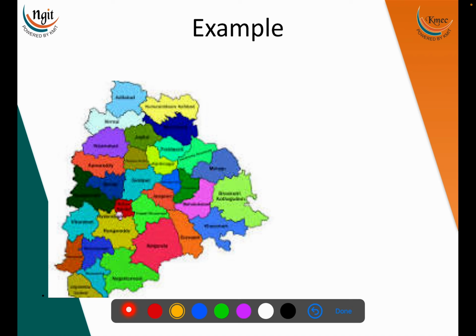If I wanted to fill different colors for each district of Telangana, I repeat my statement once again: if Telangana has n districts, you need n different colors to map.